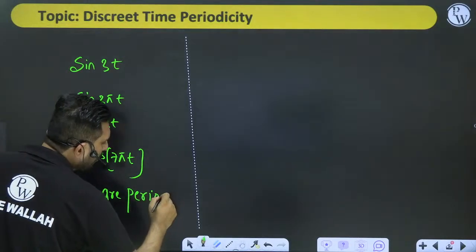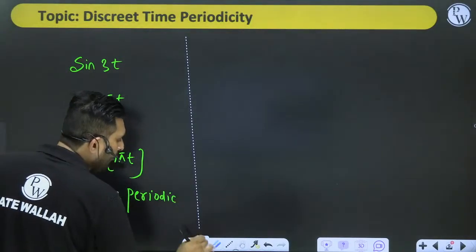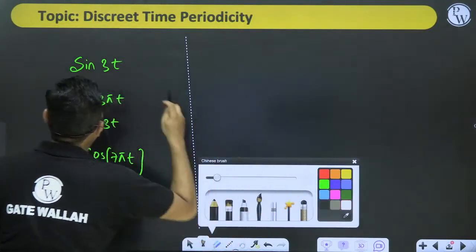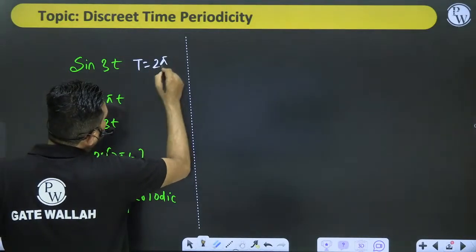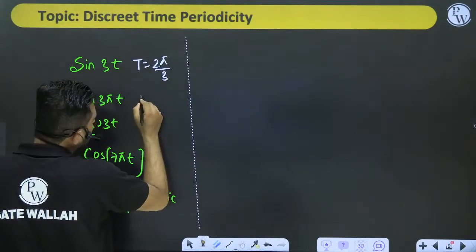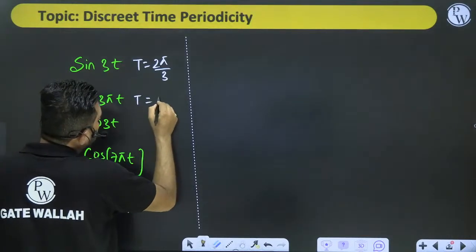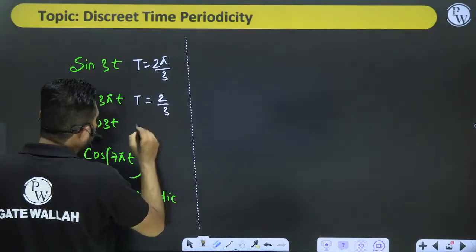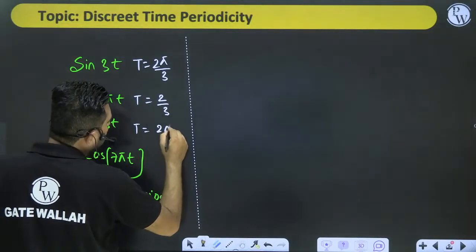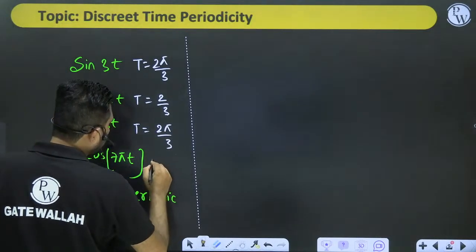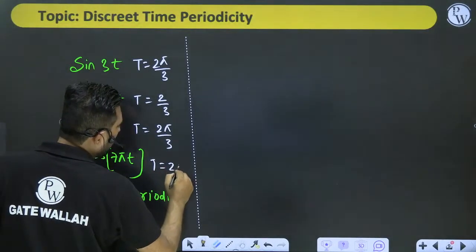All are periodic. Why? If you consider the capital T here, then T is 2 pi by 3, perfectly valid. Again T is 2 pi by 3 and T is 2 pi by 7, perfectly valid.